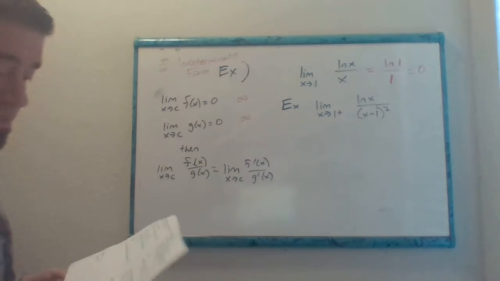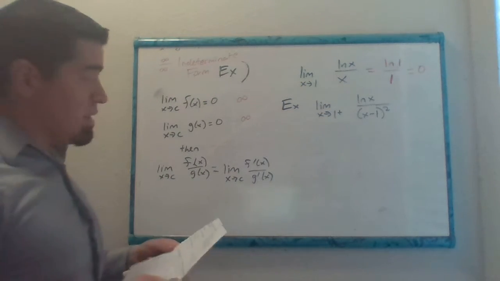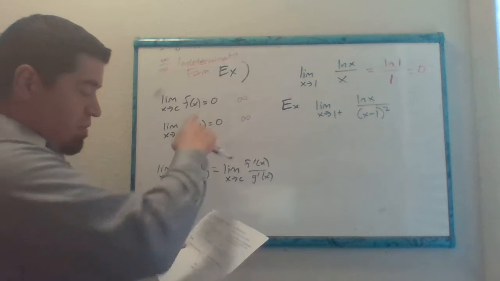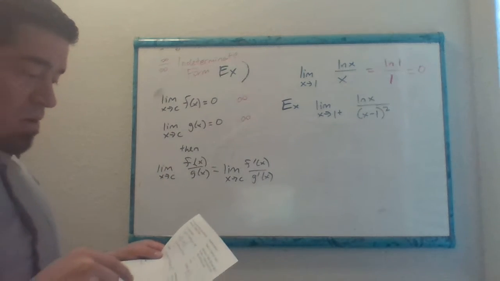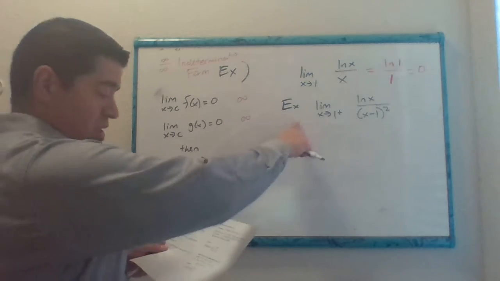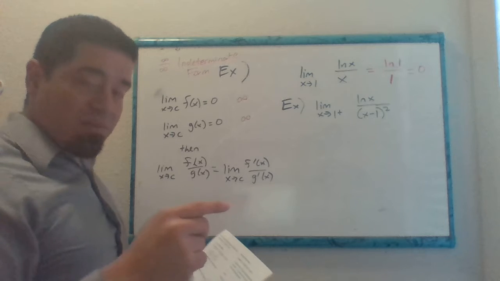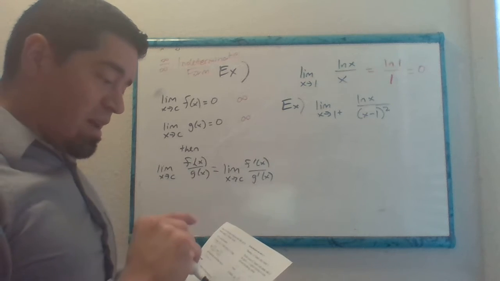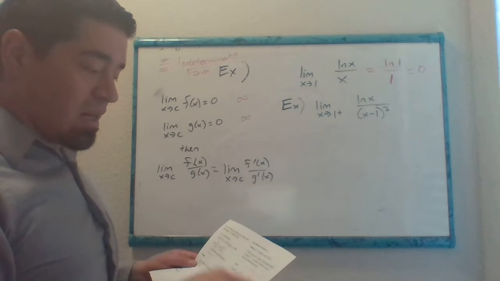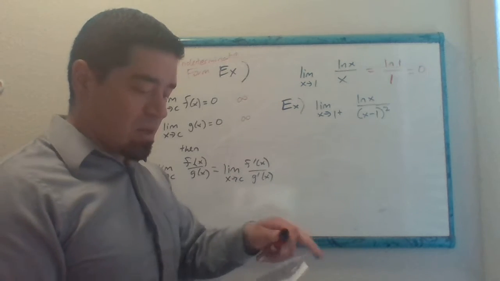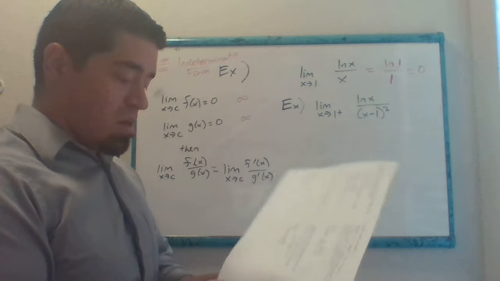Now you will notice something, that this one has from the right side, and these rules don't have from the right side. But if you look at the rule right above this question, it now says it doesn't matter if there's a from the right, from the left, to infinity or to negative infinity. You can apply the rule. Okay, so that means we can do L'Hopital's rule.